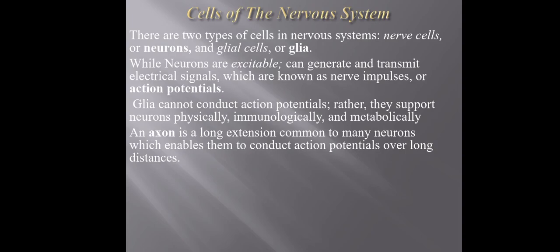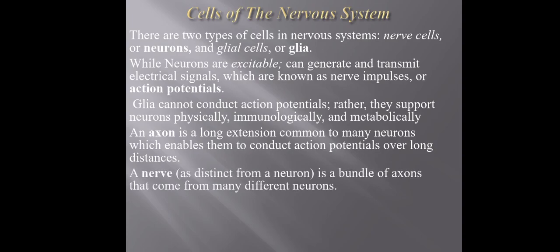Now, an axon is a long extension that helps neurons to conduct action potentials over long distances. Glia do not have axons, while neurons have axons, which are their long extensions that help them to conduct information over long distances.